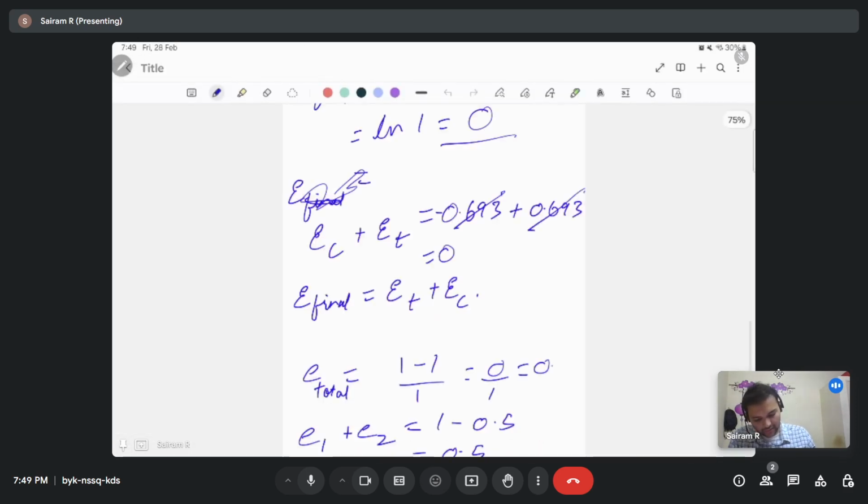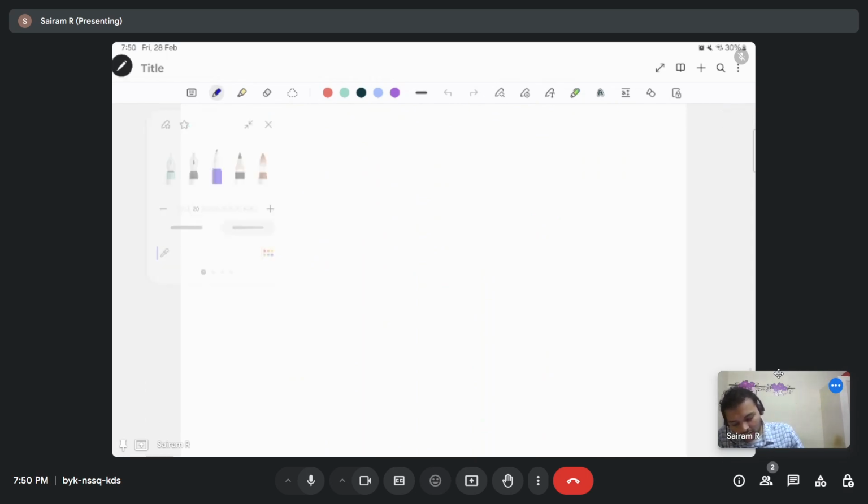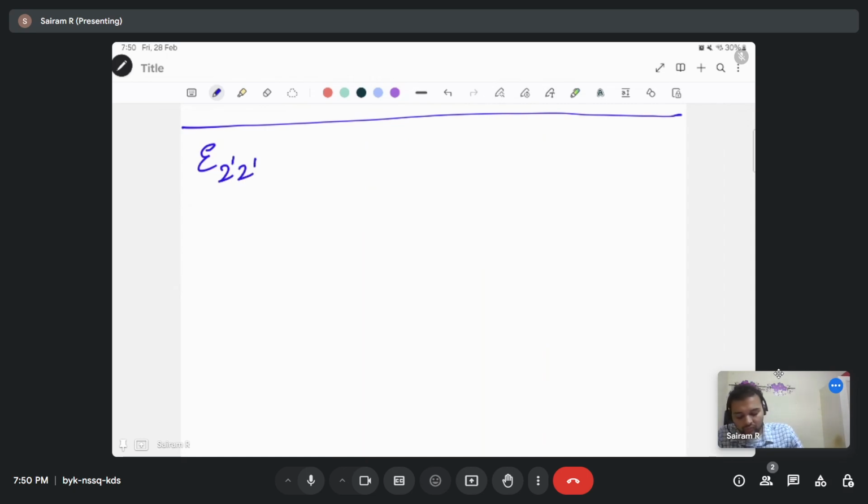We already have this. We'll continue with the same thing. The question we are trying to solve right now is what is going to be the expression for epsilon 2 prime 2 prime?